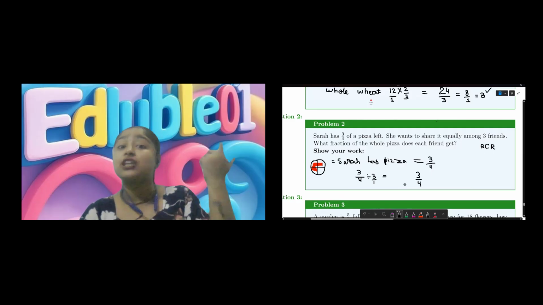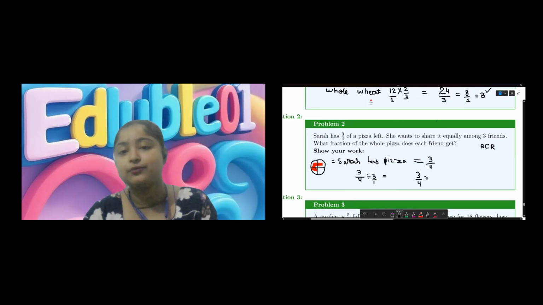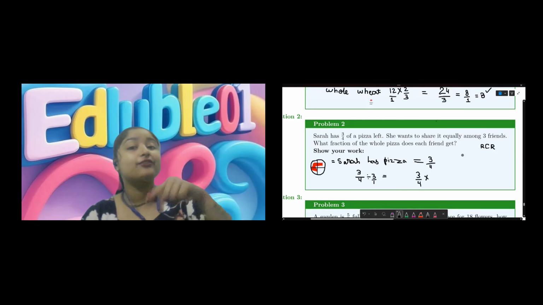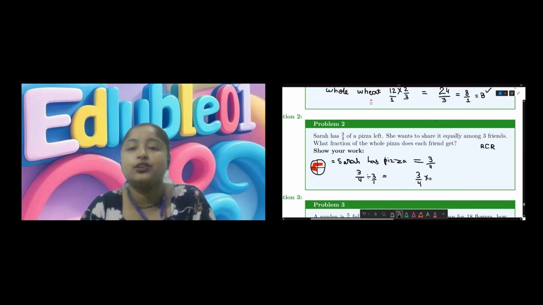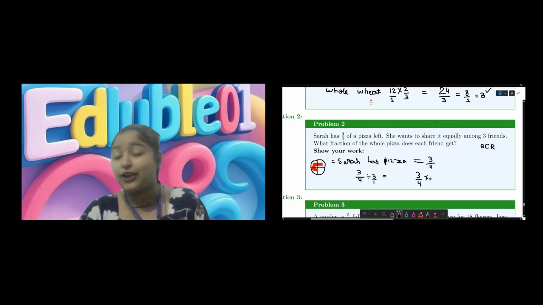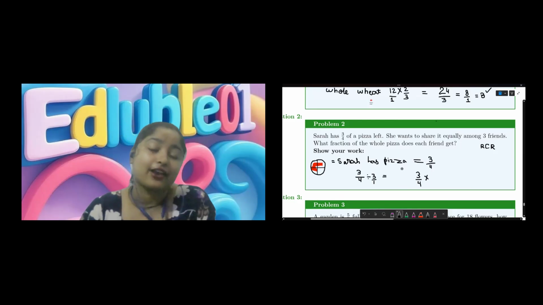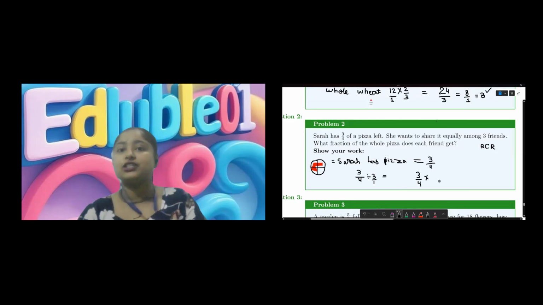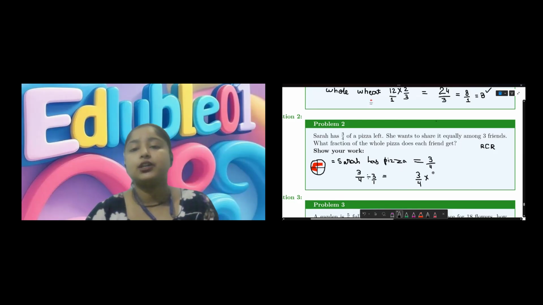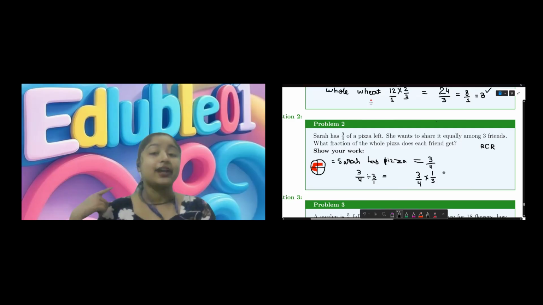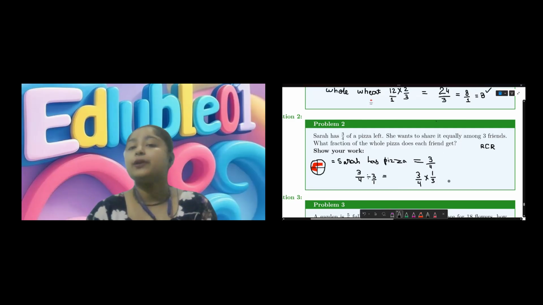Change is the changing of sign, so that division sign will be changed to multiplication. Now, reverse. You need to reverse the fraction, or you can also say reciprocate. Over here earlier it was 3/1. Now you need to write the reciprocal, so that would be 1/3.